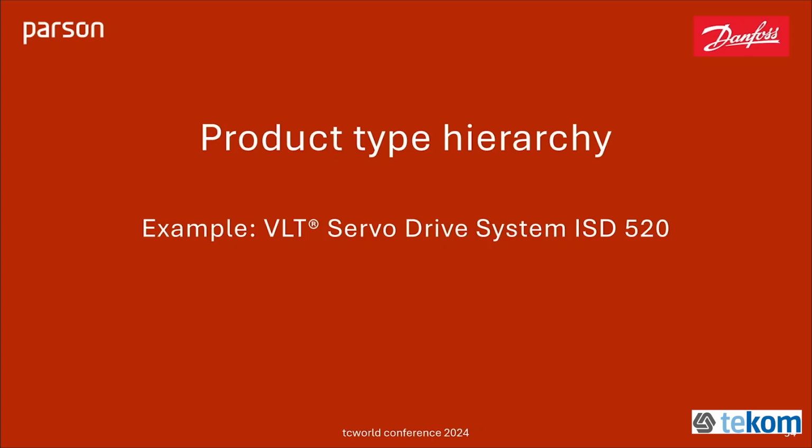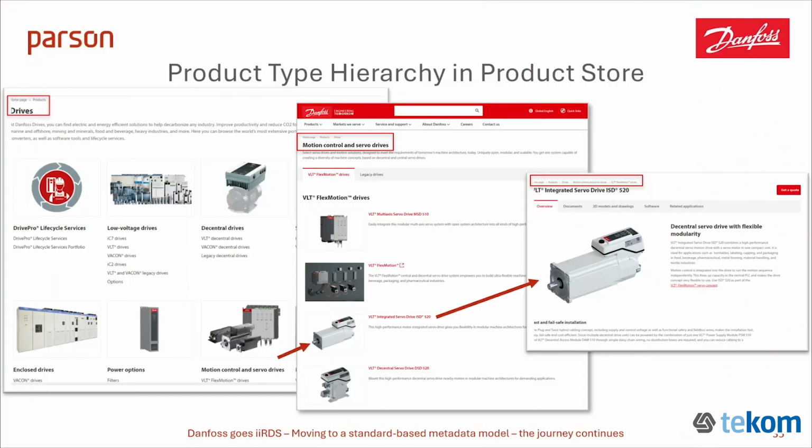Yes, let's take a look at another example. As I said, this is a product from our motion products portfolio, the smaller motors, as you can see. This is the journey that you see in the product store when you go there.